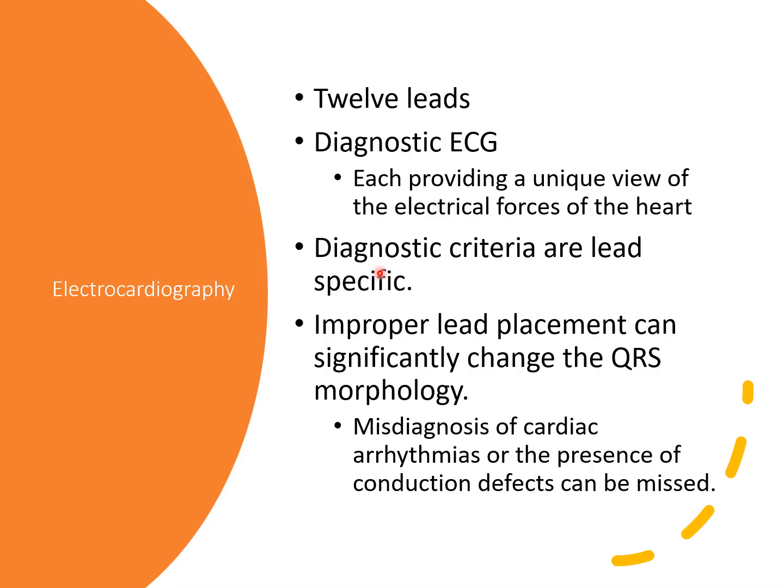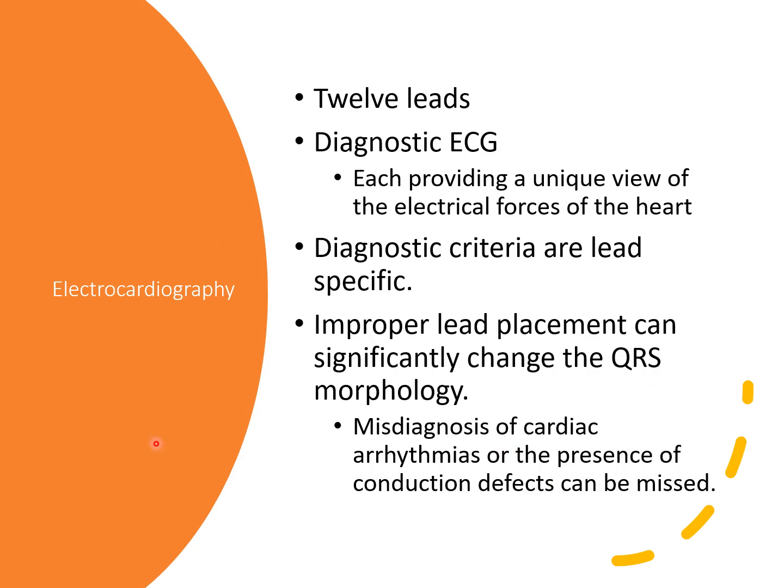But these provide diagnostic criteria that are very lead specific. So every lead that we attach to the chest gives us a different view of the electrical activity moving through different portions of the heart, which can aid in the diagnostics of cardiac dysfunction very quickly in our patients.